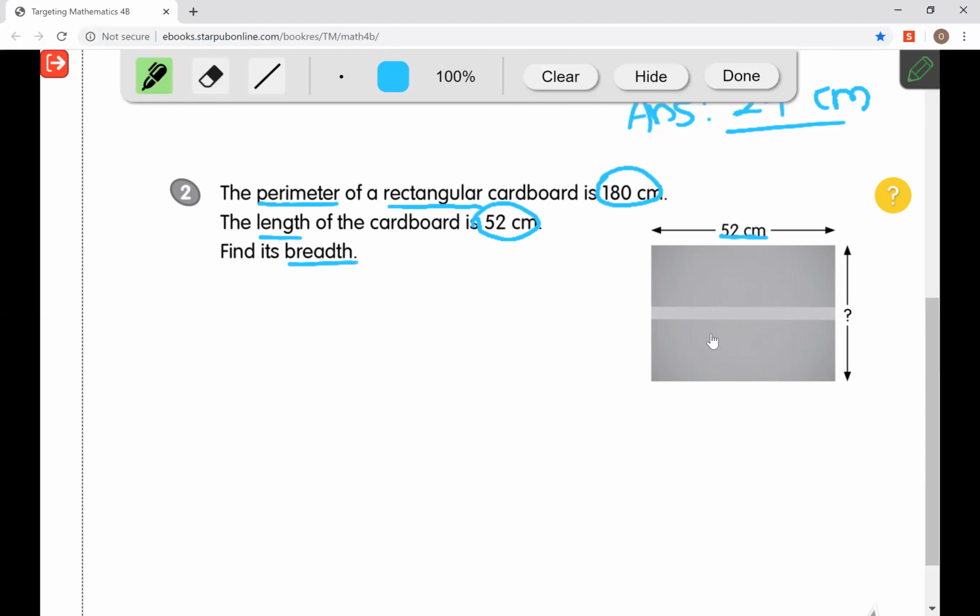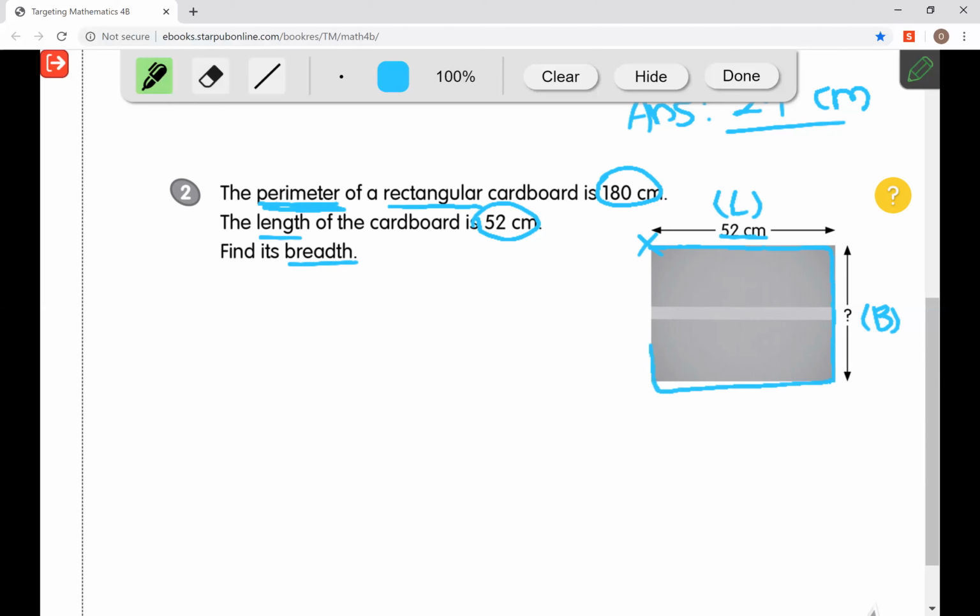And we're supposed to find the missing breadth. So the breadth is the shorter side. We can write B, and length is the longer side. We write L.